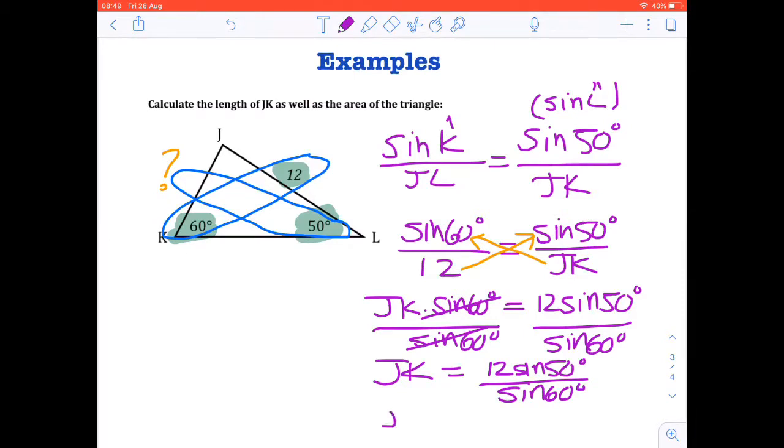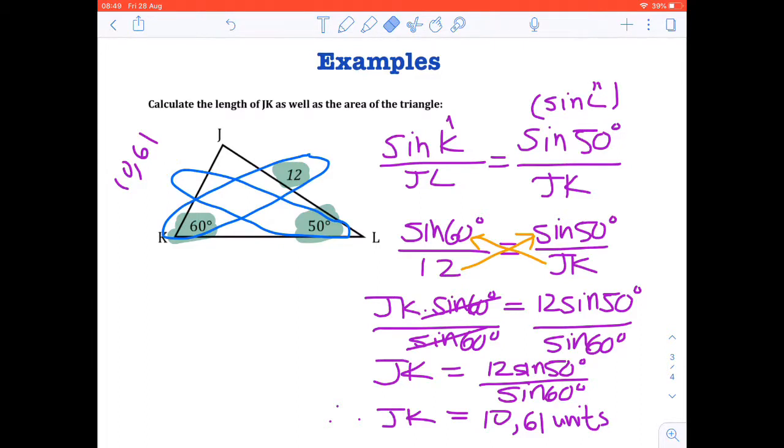And that's when you can put this into your calculator, and you will get 10.61 units. So that's the length of JK. So I'm going to fill that in on the diagram, 10.61.